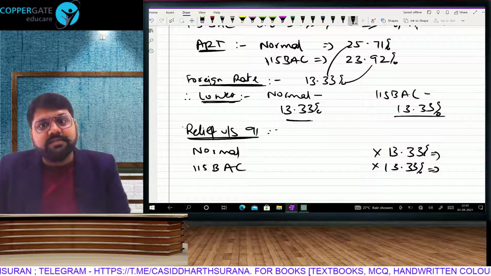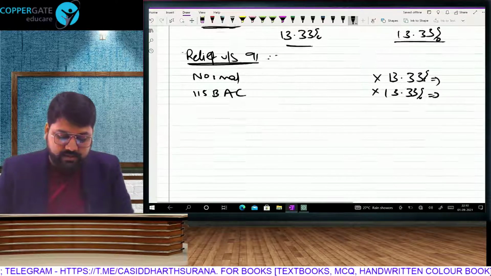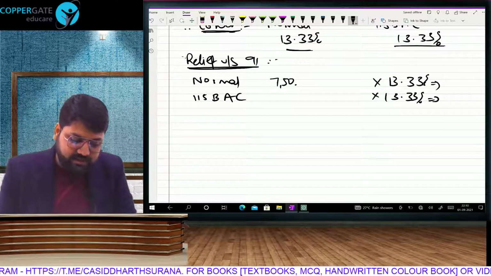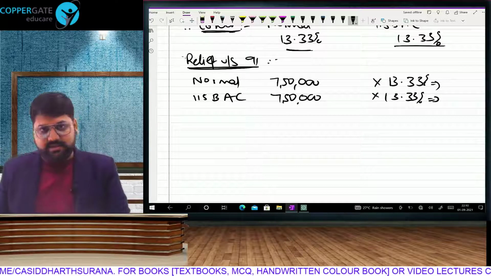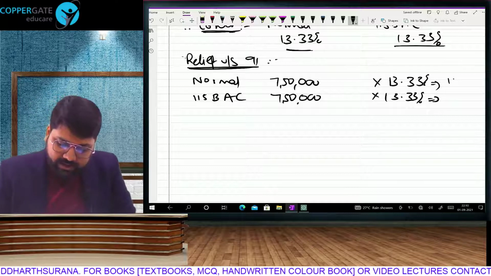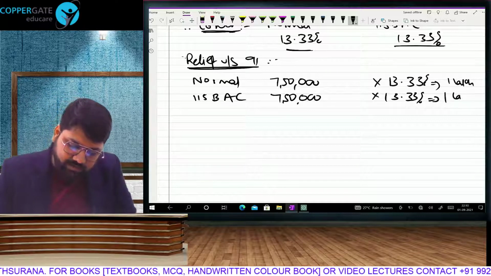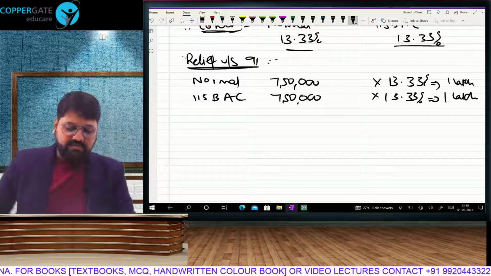Go check. This is an institute question, and as per the institute suggested answer, they have taken the full 7,50,000 on the assumption that the deductions are taken against Indian income. Accordingly, can I say whether normal or special, in both provisions 1 lakh is your relief?